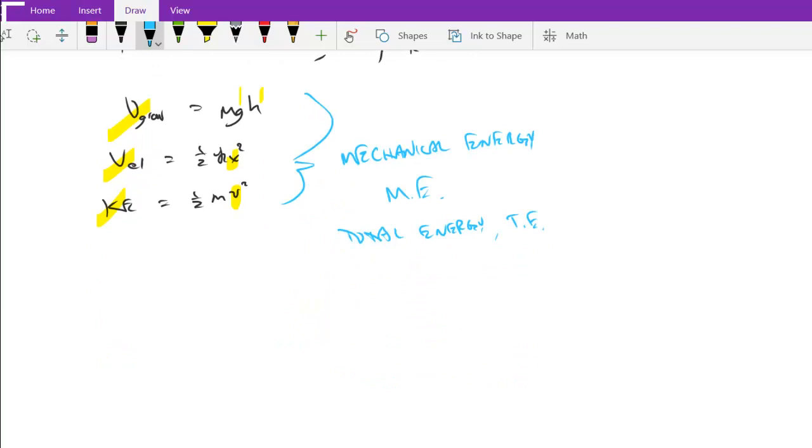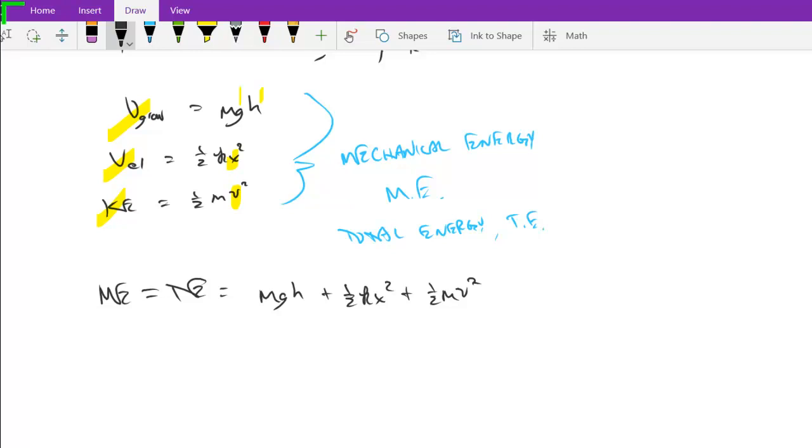So the mechanical energy, ME, is the same as the total energy. This is equal to mgh, our gravitational potential, plus elastic potential, 1/2 kx squared, plus kinetic, which is 1/2 mv squared. There's the total mechanical energy of an object.